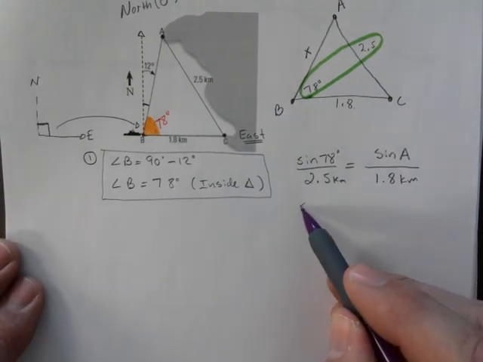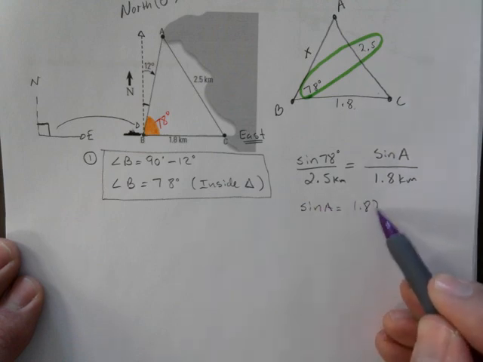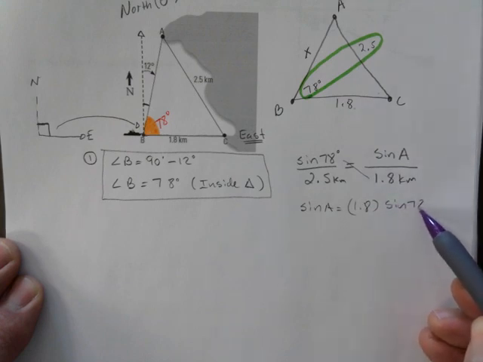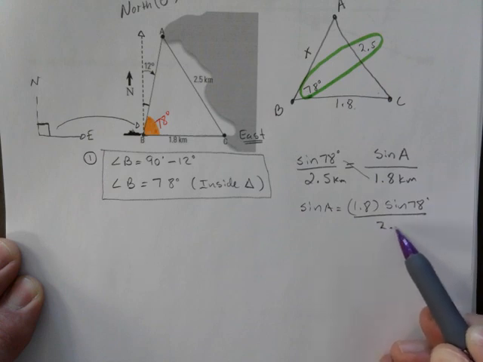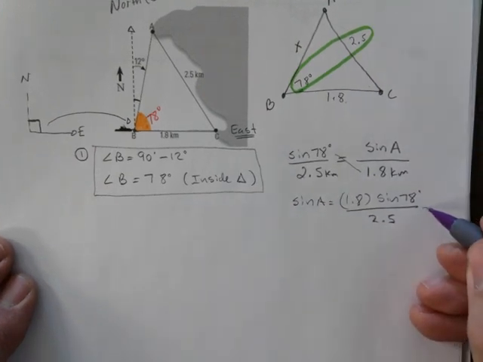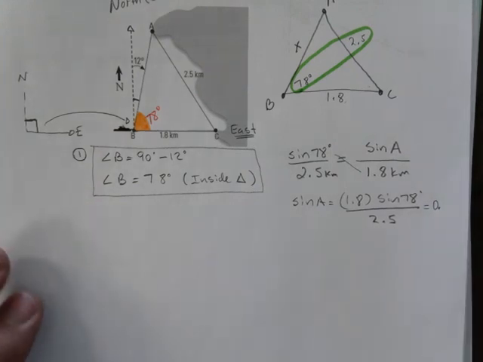So let's go ahead and find angle A. You should be able to do this by now. So I cross multiply, and then I divide. I think I will manage to fit in the decimal here. Better start with a 0. Remember, I keep on telling you that.